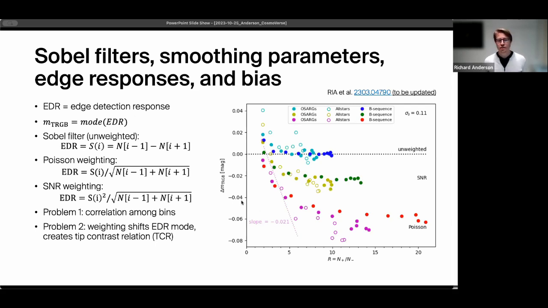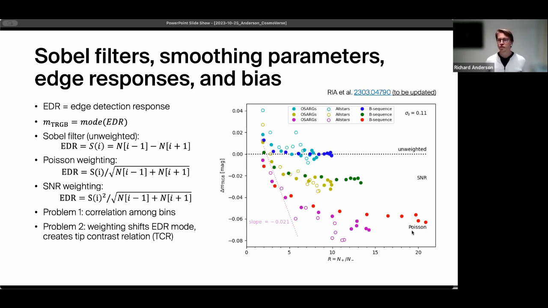And so to illustrate this, here we have, based on the simulations from our paper, the difference in the TRGB magnitude as a function of the contrast. And this is all based on the same set of synthetic luminosity functions. And you may wonder, well, why is the contrast different?